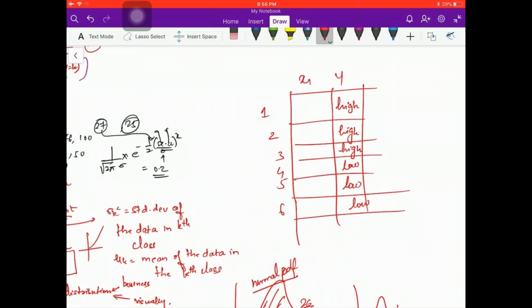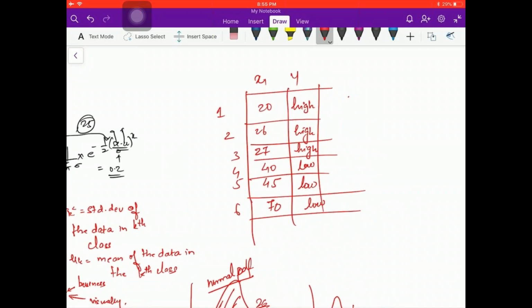So x1, let's say 20, 26, 27, low, let's say 40, 45, 70. Now if you can understand this, I want you guys to calculate what is mu high. Actual numbers I want. You can use a calculator. What is mu high?